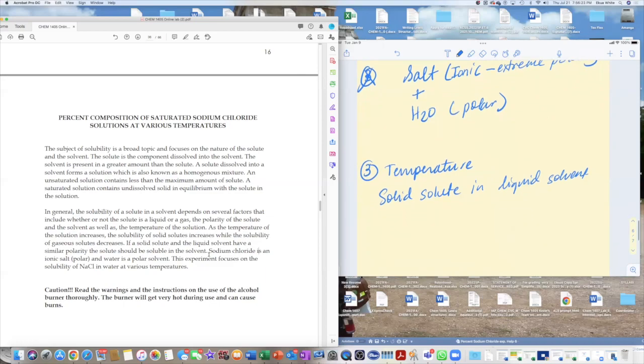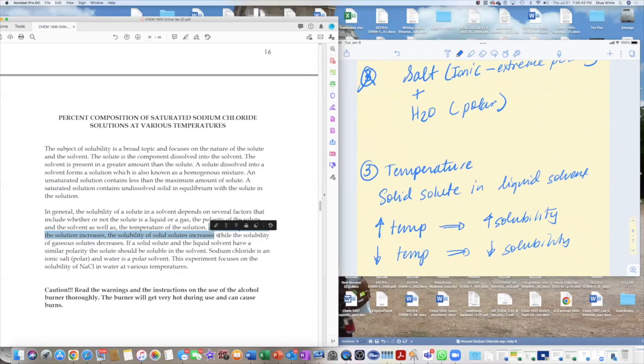Liquid solvent. Okay. When you have a higher temp, we expect to have a greater solubility. And when you have a lower temp, we expect to have a lower solubility. Once again, it says so here, as the temperature of the solution increases, the solubility of the solid solute increases, while the solubility of the gaseous solute decreases.